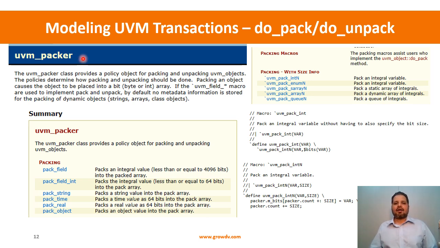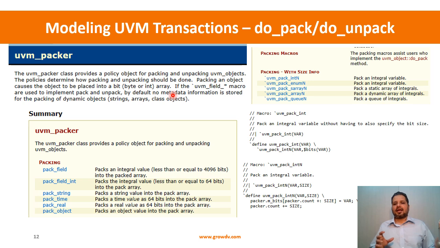Similarly, we have UVM packer, a class that provides the policy object for packing and unpacking the UVM objects, and the policies determine how the packing or unpacking should be done. Packing an object causes the object to be placed into bits, or you have the ability to put them in a byte or int array as well.